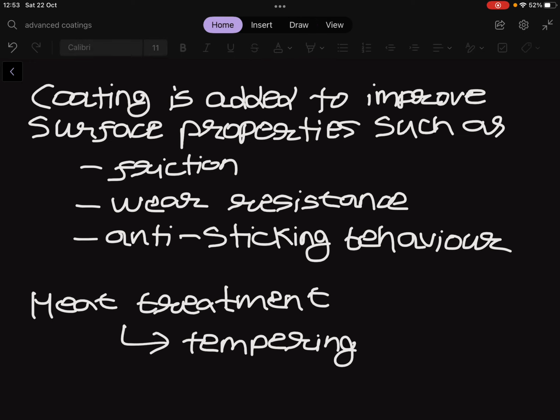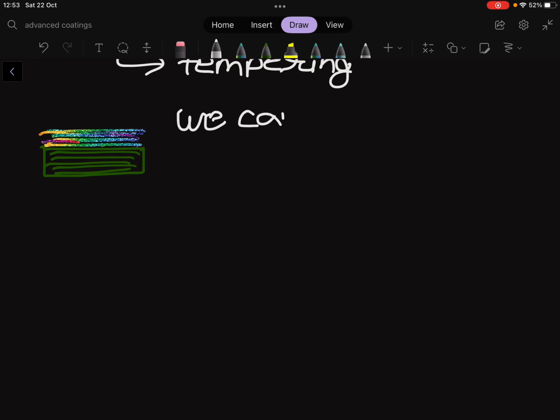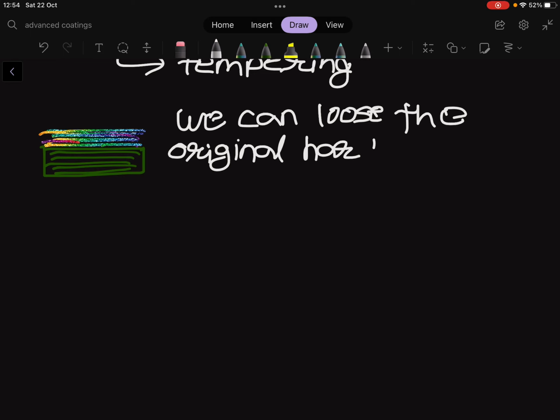Now, if we expose our material to a higher temperature during the deposition process, we can lose the original hardness or strength of our base material.